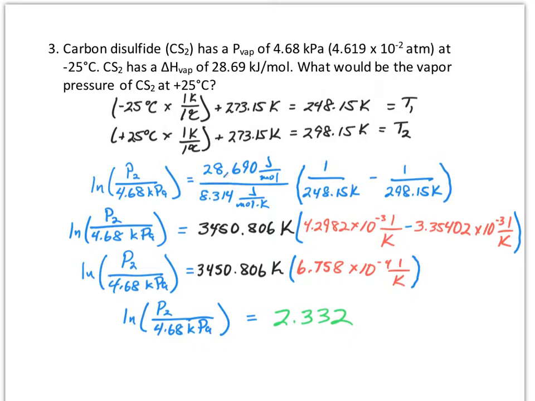So that's 28,690 joules per mole. We have 1 over our temperature 1, what we found here, the 248.15 Kelvin, minus 1 over temperature 2, the 298.15 Kelvin. So this is the equation that we're solving for this pressure 2.